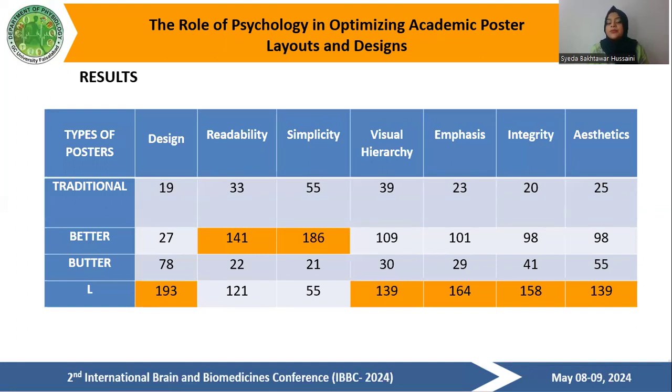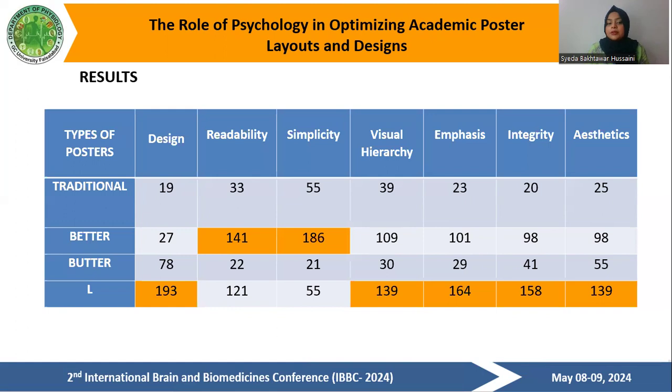And here's a comprehensive table of our whole finding, in which I've also highlighted the largest number in all the design elements that our respondents responded to. For design, visual hierarchy, emphasis, integrity, and aesthetics of the different posters, the most preferred was the L poster, which I addressed last.